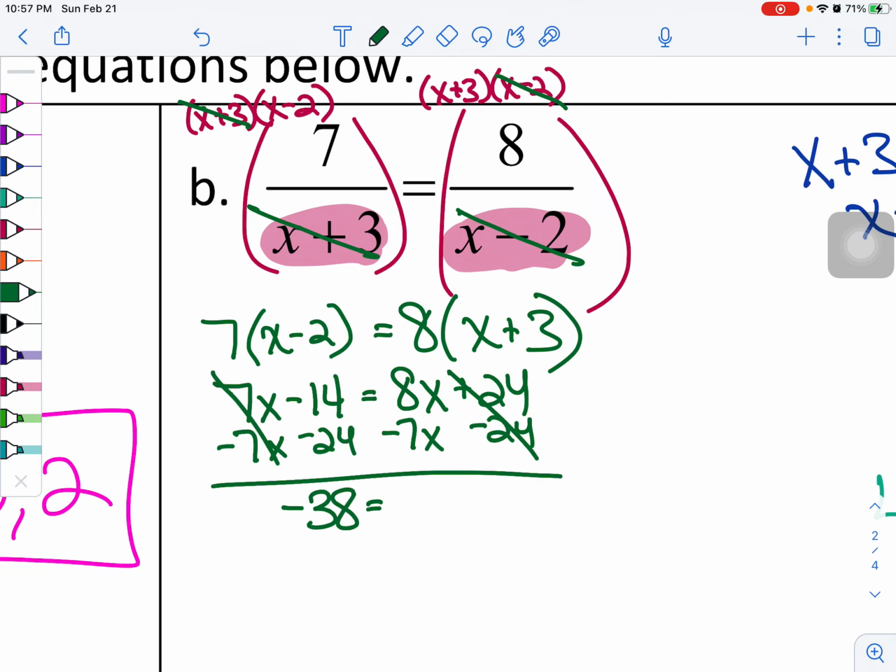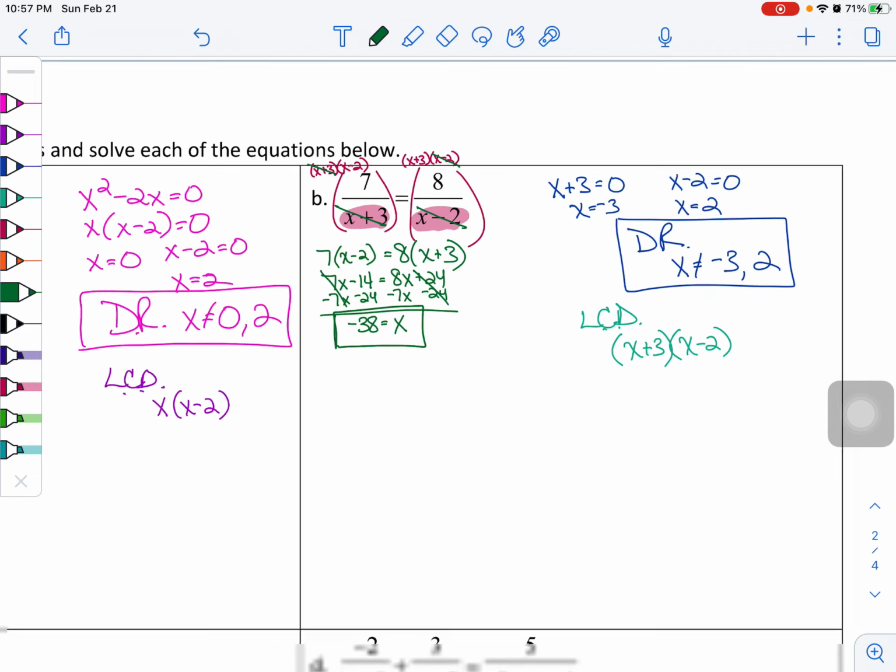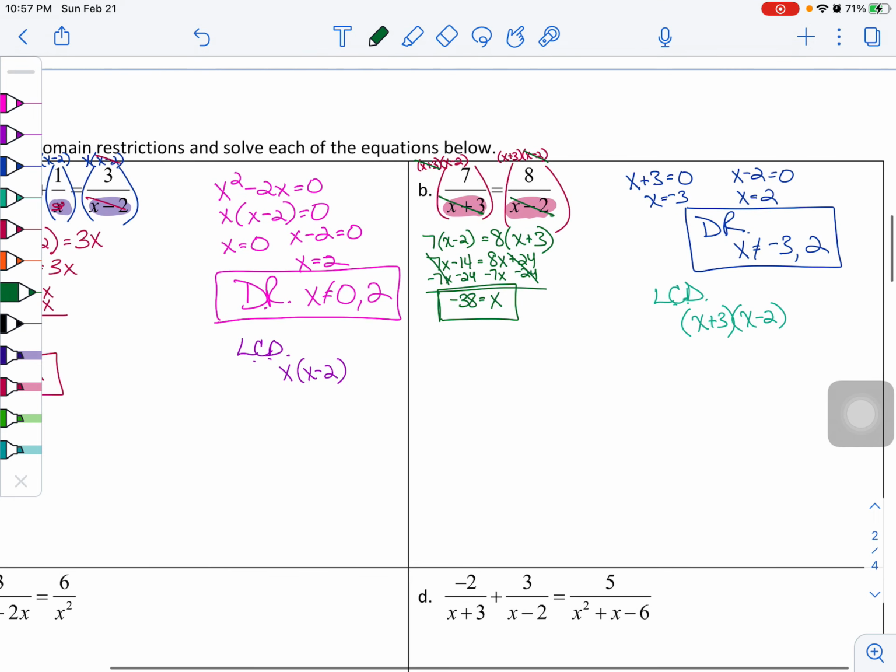So negative 14 minus 24 should be negative 38. 8x minus 7x is x, so x equals negative 38. Maybe. All right. Now I want to make sure that this answer is not one of the values that's thrown out of my domain. So negative 3, positive 2, that's definitely not negative 38. So my answer is in fact negative 38 for x, with the domain restrictions that x could not equal negative 3 or 2.